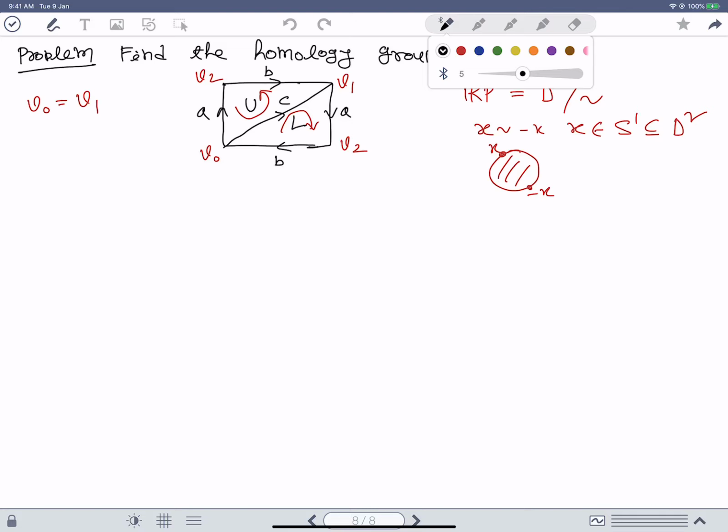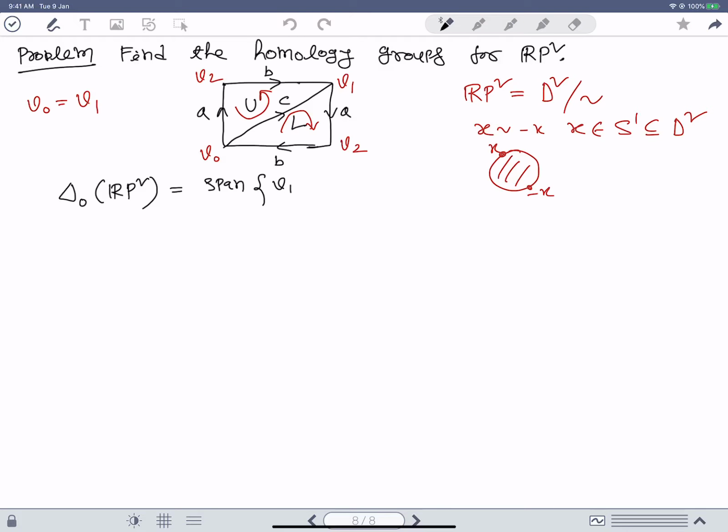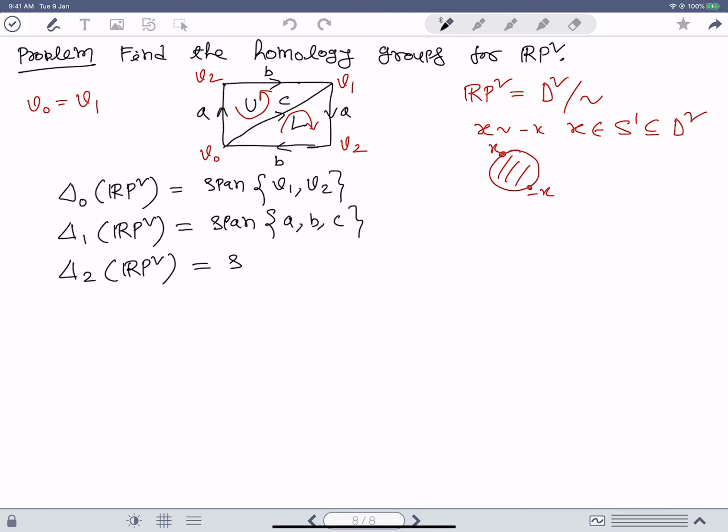So we write delta 0 RP2 as span of the vertices V1, V2, and delta 1 RP2 is, by the definition, spanned by the maps from the one dimensional simplices to X, but here all the maps are uniquely determined by A, B, C. So you can think of A, B, C as a map, or as an image of the simplices. Now delta 2 RP2 is spanned by U and L.